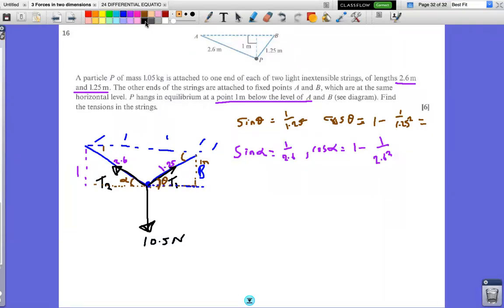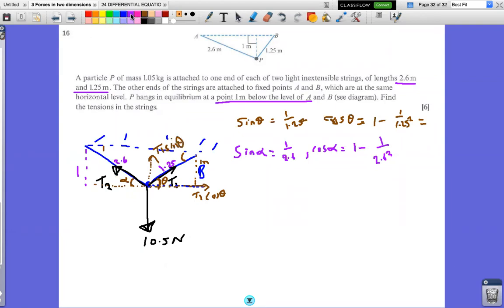The component of T1 this way will be T1 cos theta. And the component upward will be T1 sine theta.